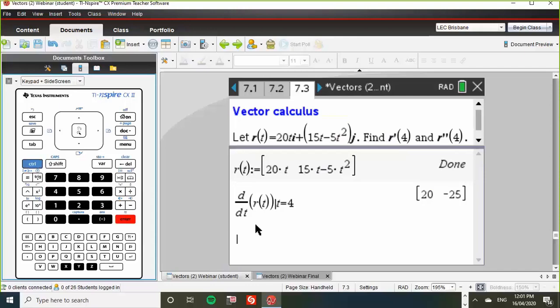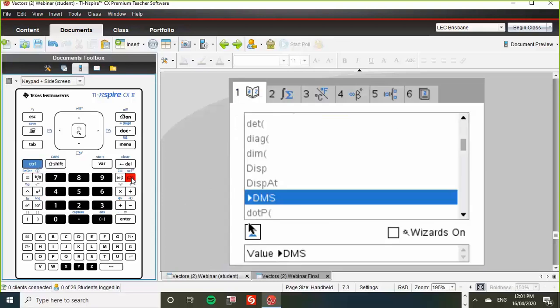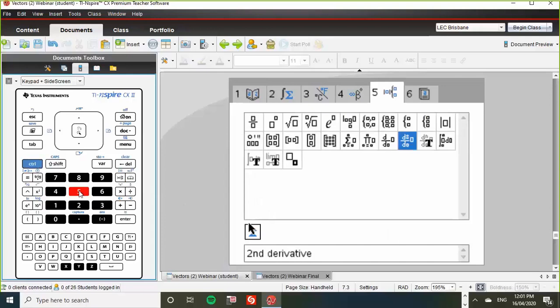Similarly, we can work out the acceleration vector at t equals 4. So this time I'm going to press the catalog button, press number 5 for symbols template, and then choose the second derivative template there.